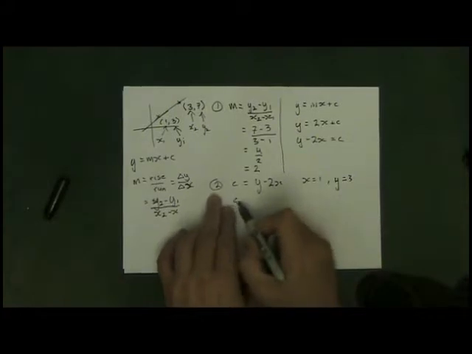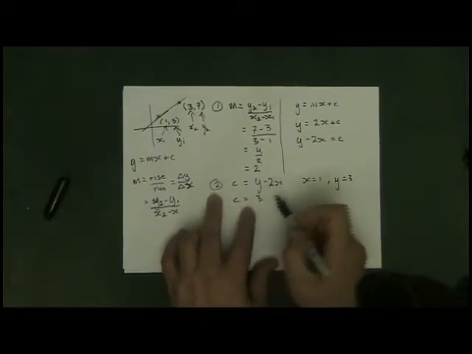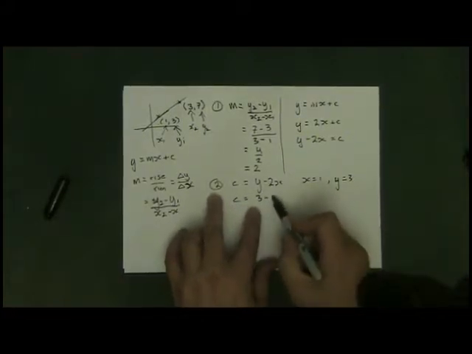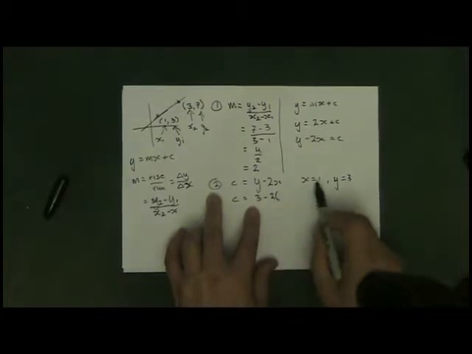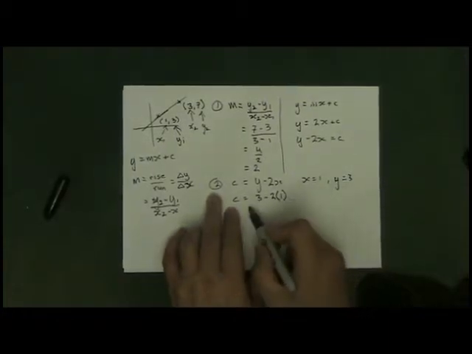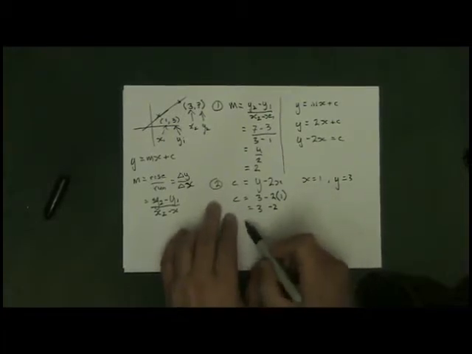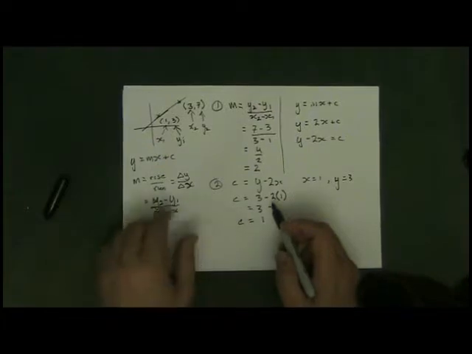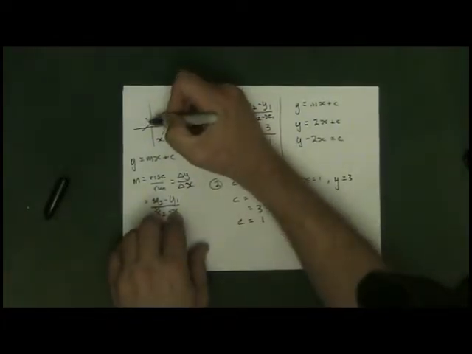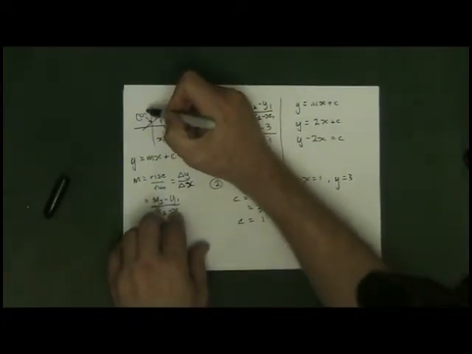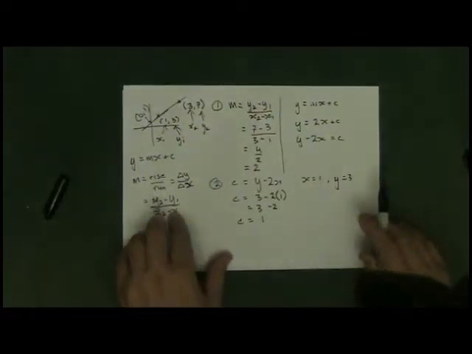So I go c is equal to 3 minus 2 times 1. So 3 minus 2, so c is equal to 1. So right there, that point is going to be 0, 1.